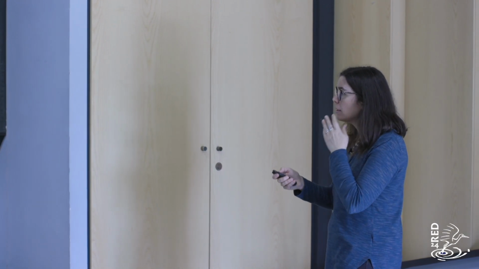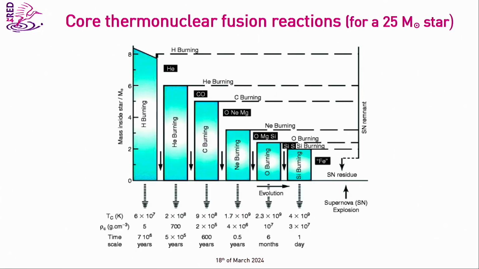If we look at a star that will go through all these phases of thermonuclear reactions in its core, this is a model for a 25 solar mass star. You will go through hydrogen burning. Then when hydrogen is exhausted in the center, helium burning comes in, but there's still lots of hydrogen around the center.